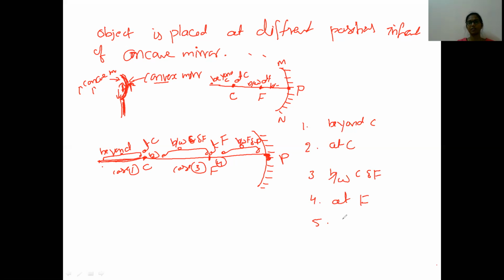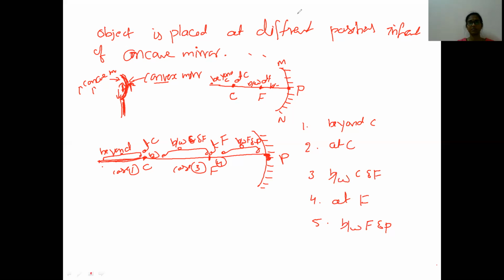And the fifth condition is between F and the pole. When you place the object at these five positions, the position of the image will differ. Let us see how the image will form.